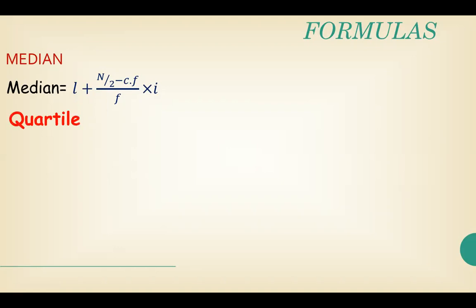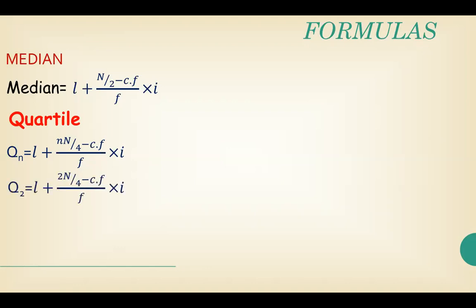Second is the quartile. How to find the quartile? We have learned this in the quartile deviation. Here's the general formula to find the quartile. The value of n is 1 to 3, because we have only 3 data points in the data set that are known as the quartiles. Suppose I have to find the second quartile in the data set. I will replace n by 2. And why do we divide the total number of frequencies by 4 here?